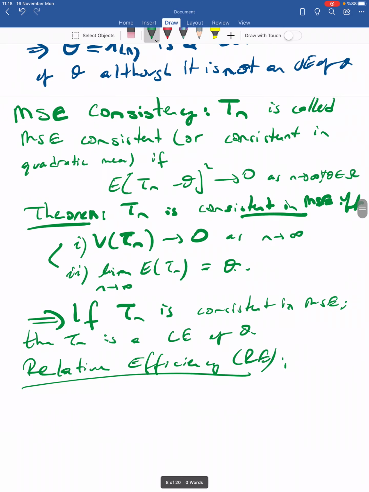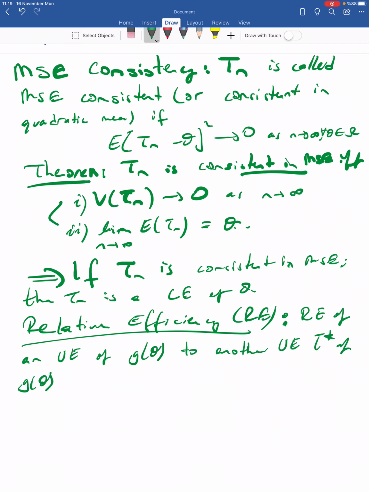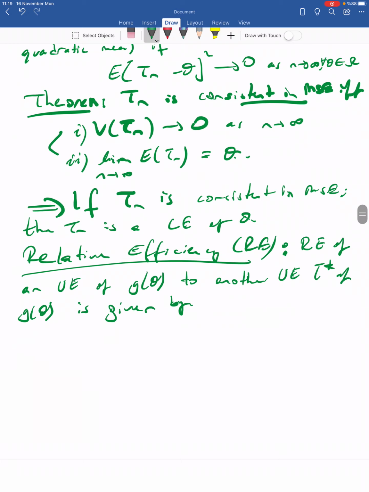Okay, so then we can talk about relative efficiency, RE. Again, we are using this to be able to compare two different estimators. Let's say we have an unbiased estimator, the relative efficiency of an unbiased estimator T of g theta to another unbiased estimator T star of g theta. G theta can be just theta actually, but for any other function of the parameter we can calculate the relative efficiency.